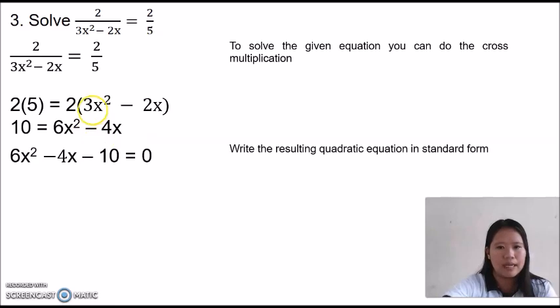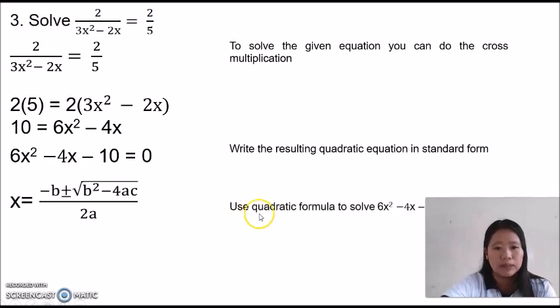And then, write the resulting quadratic equation in standard form. So, transpose lang natin si 10 to the other side. So, we have now 6x raised to 2 minus 4x minus 10 equals 0. Yan na yung ating quadratic equation na naka-standard form na. So, use quadratic formula to solve for the equation.